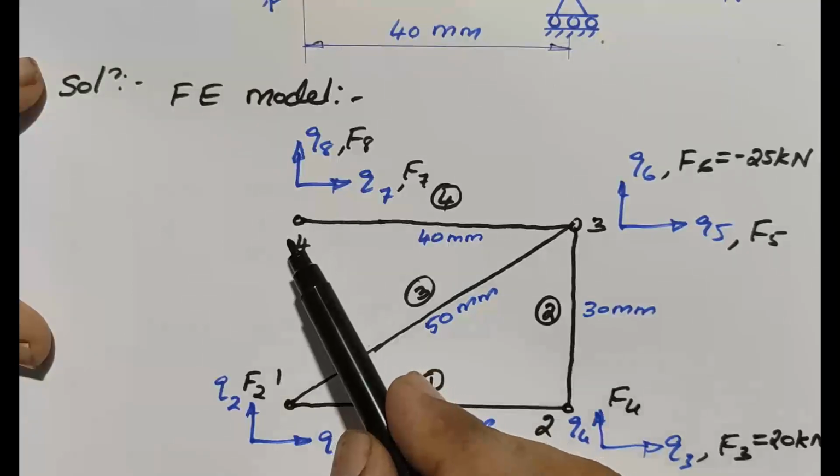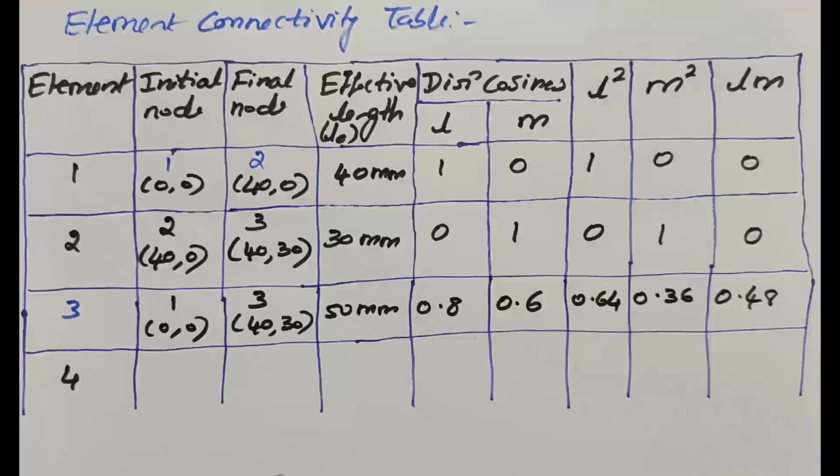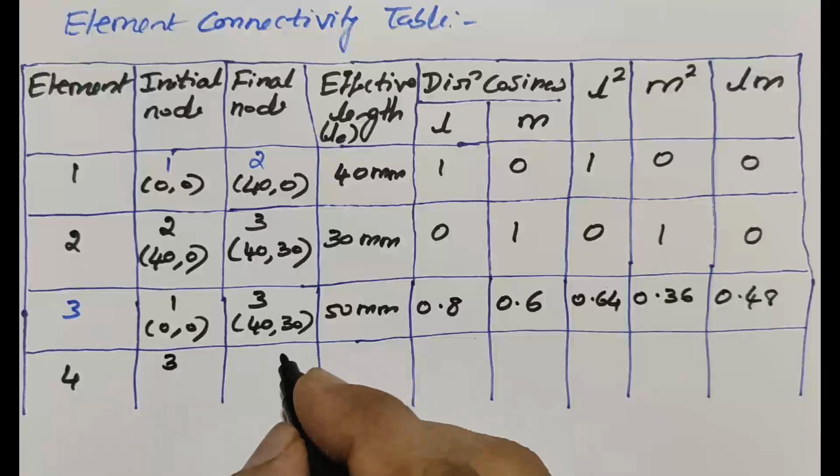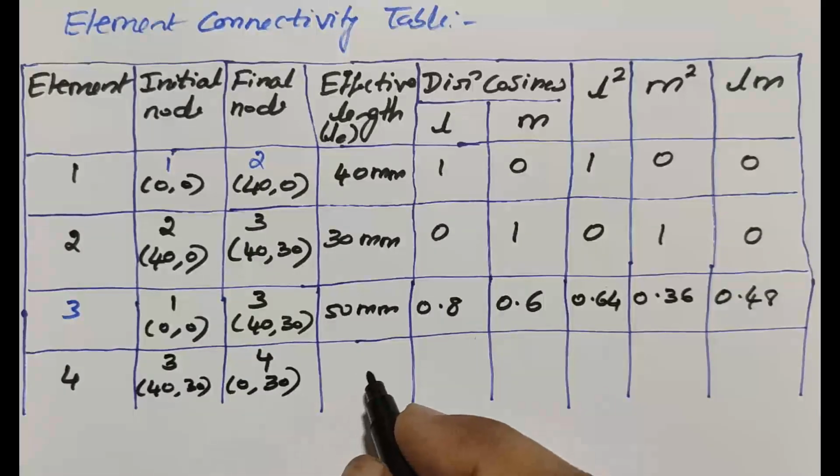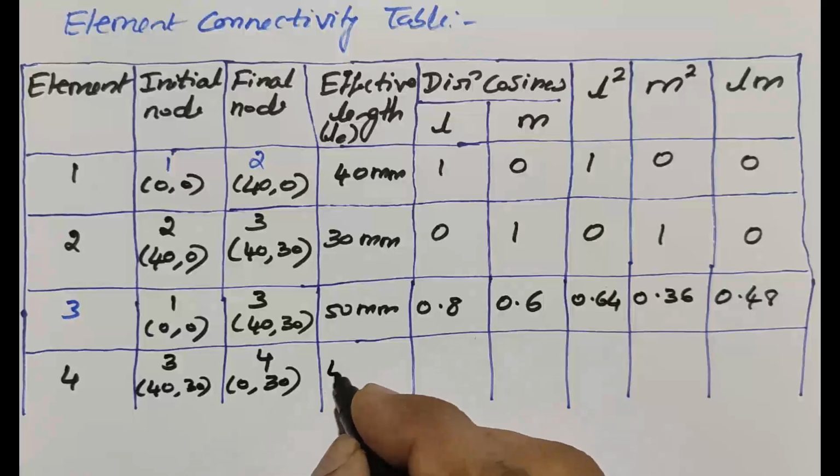So it will be 0, 30. The coordinate for node number 3 is 40, 30, and for 4 it is 0, 30, and the length of the element is 40 mm.